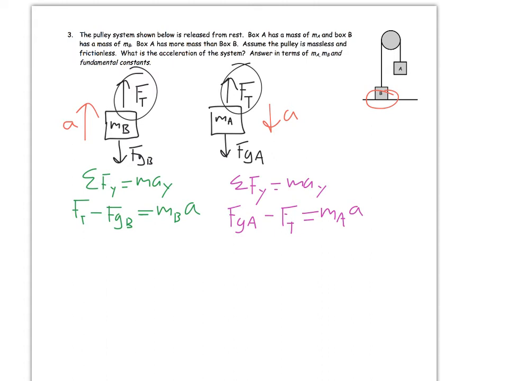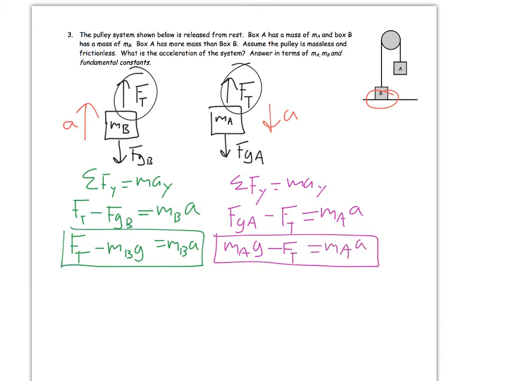All right, so that's going to be equal to ma times the acceleration. I can substitute in for the force of gravity in both cases. So this is going to be mb times g equals mb times a. And in this case, it's going to be ma times g minus ft equals ma times a.